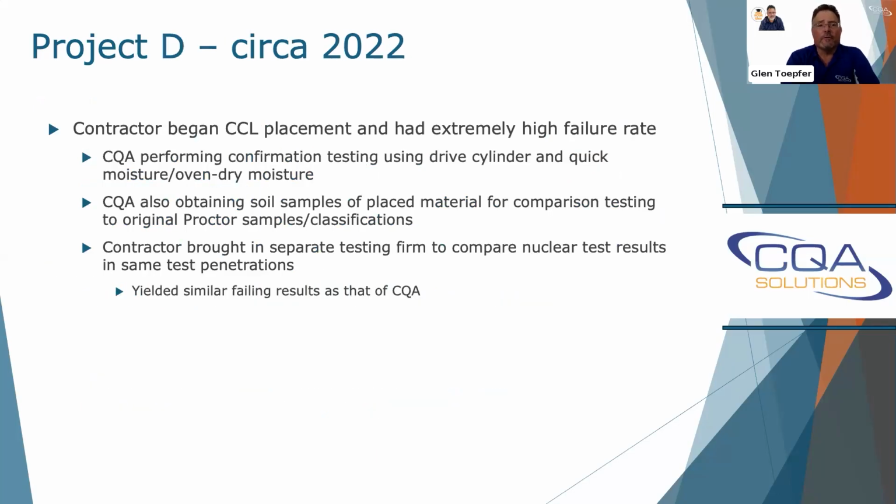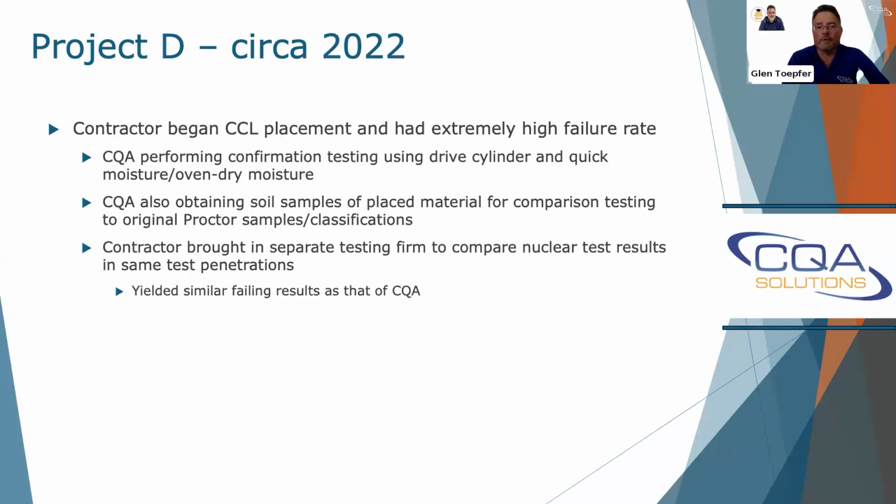So jump ahead now to 2022. We were doing an audit for a client, and the contractor had just started placing a compacted clay liner. In the past week or so, they had an extremely high failure rate. The CQA technician out there was performing confirmation testing using a dry cylinder, quick moistures and oven dry moistures to compare.